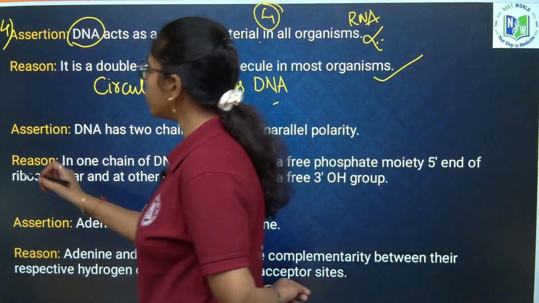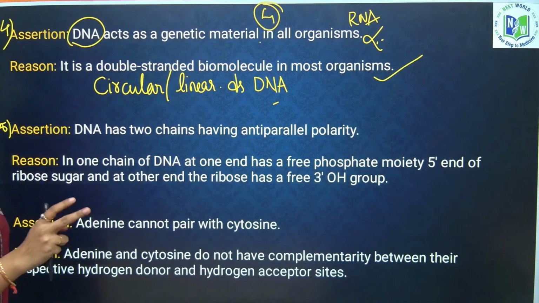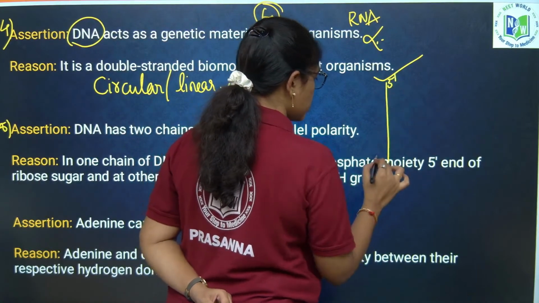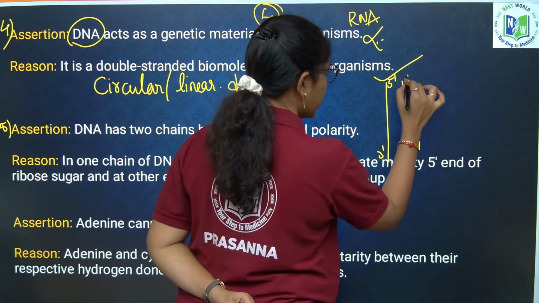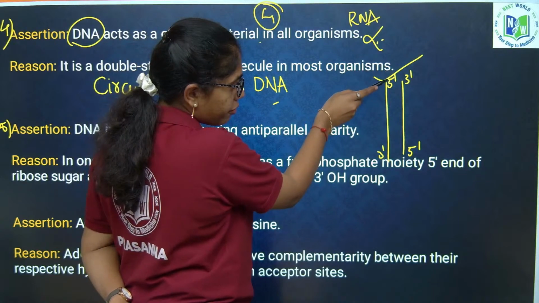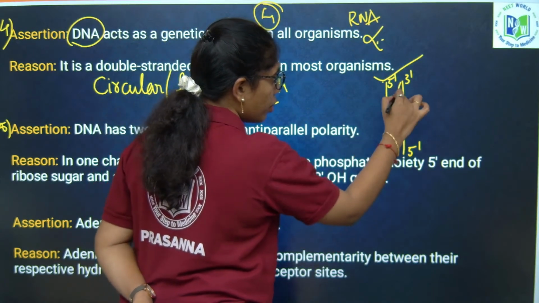Next, fifth question. If you see, beta, DNA has two chains that are anti-parallel to each other. Yes, of course, it has two chains, which we call the double helical model of DNA, which are anti-parallel to each other. One runs from 5 prime to 3 prime, another runs from 3 prime to 5 prime.